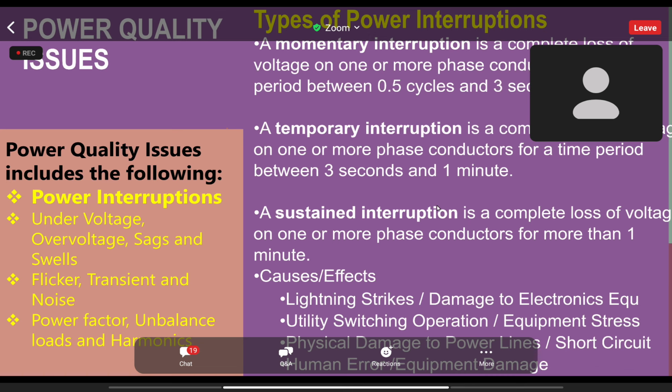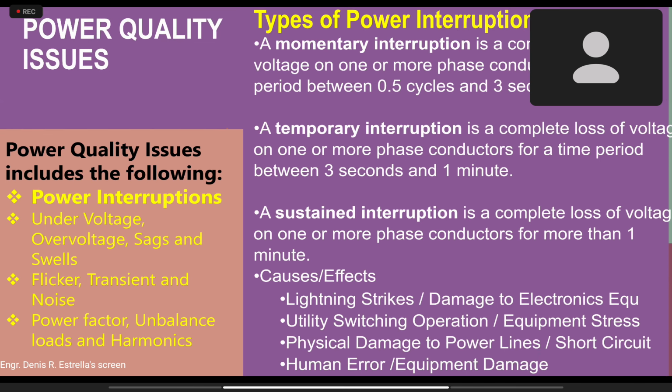Or it could be a physical damage to power lines. For example, meron tayong insulation failure, so nagkaroon ng pagkaputol ng wire. It could be an interruption also. Then lastly, we have the human error. So what are the effects for having this interruption to occur in our system?